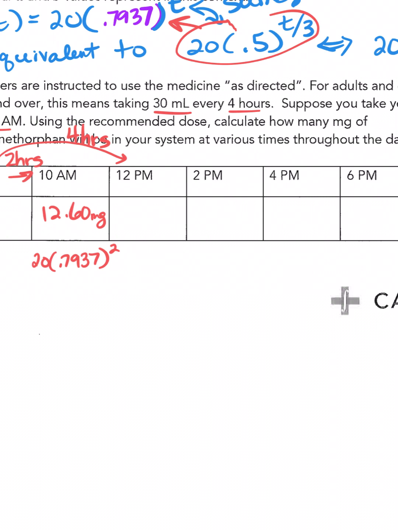So here's where the tricky thing is. It's having you take a dose every 4 hours. So the first thing we have to figure out right here is how much of the original dose is left after 4 hours.